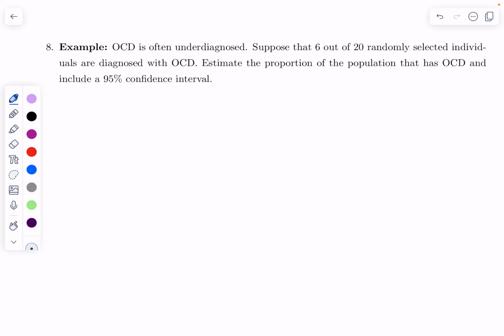Assuming that you've now worked the problem, we're going to estimate that p tilde is 6 plus 2 out of 20 plus 4. That's our adjusted population proportion, which gives us 8 out of 24, or 1/3.